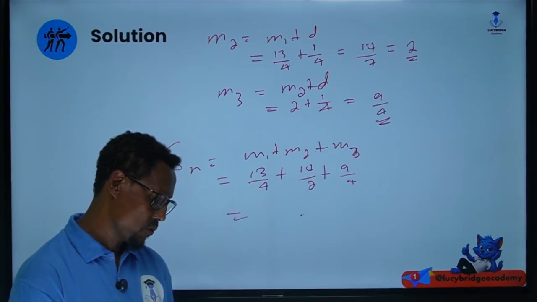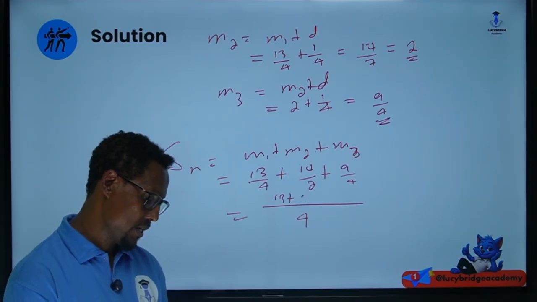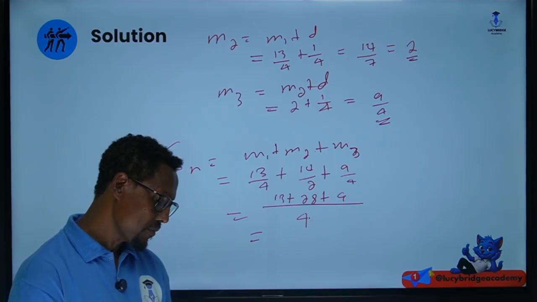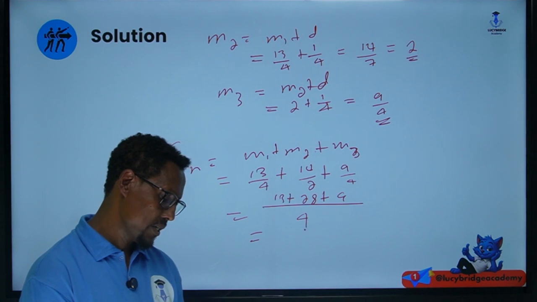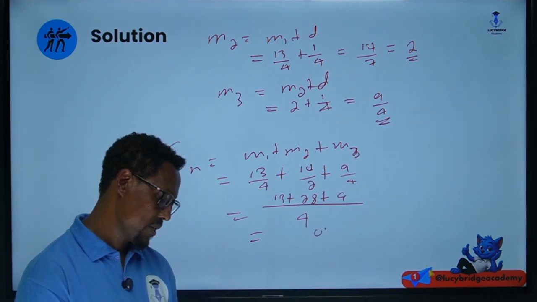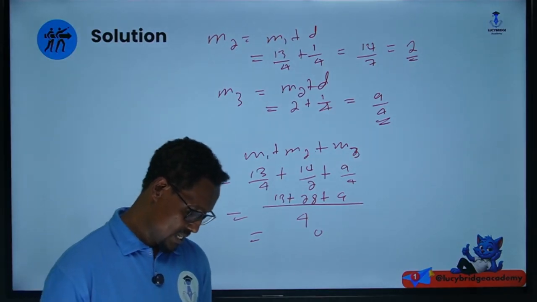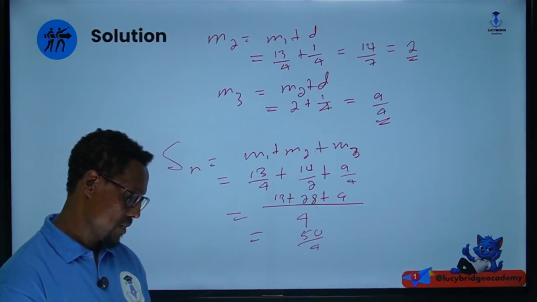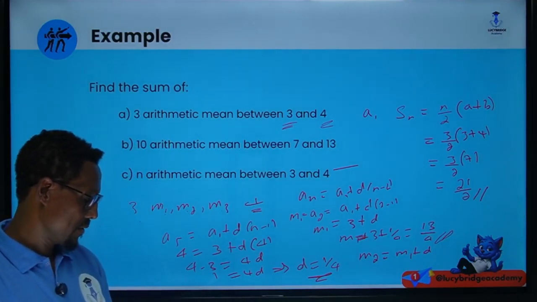This means 4 is common: 13 plus 28 plus 9, which is equal to... 3 plus 8 is 11, plus 9 is 20, 15 over 4. This is how it came out for us. Okay, 15 over 4.